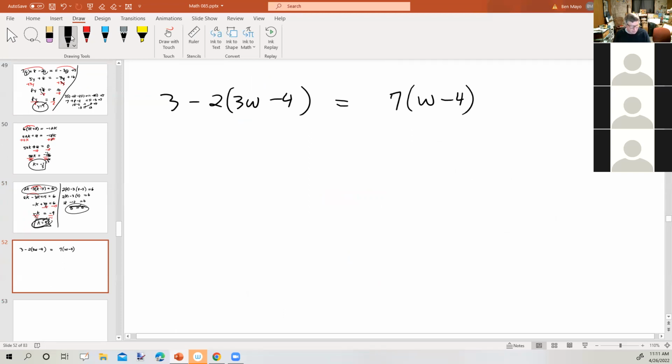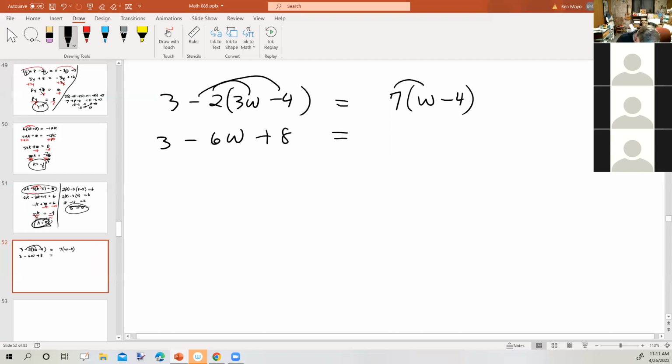All right, so we need to simplify both sides of the equation. On the left side of the equation, we get 3 minus 6W plus 8. Distributing the minus 2 times 3W is minus 6W. Minus 2 times minus 4 is a plus or positive 8.